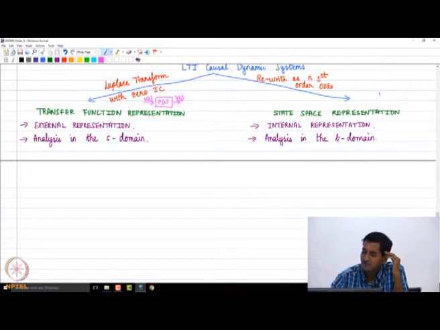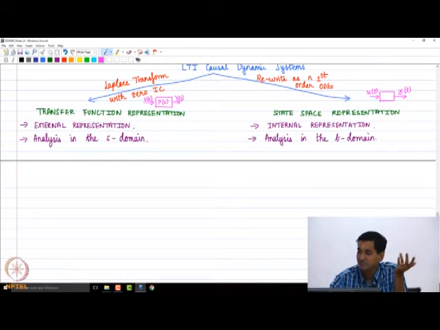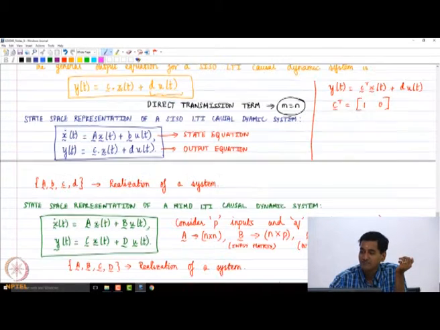But in the state space, we give an input u of t that first gives me x of t, because you integrate the state equation to get x of t, then you use the output equation to get y of t.